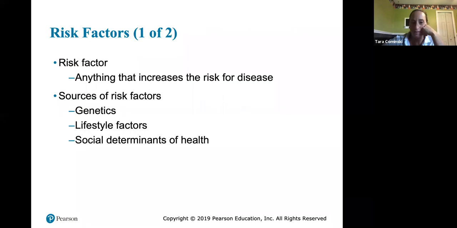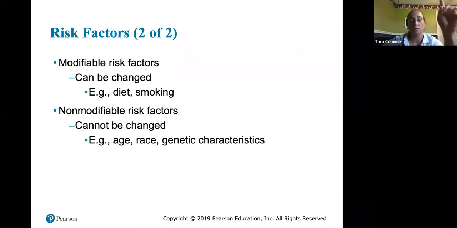One other thing I can hit on is modifiable risk factors versus non-modifiable risk factors, right? Ones that can't be changed, ones that can be changed. I give a few examples here, and you can come up with some more. What's another modifiable risk factor you can think of?